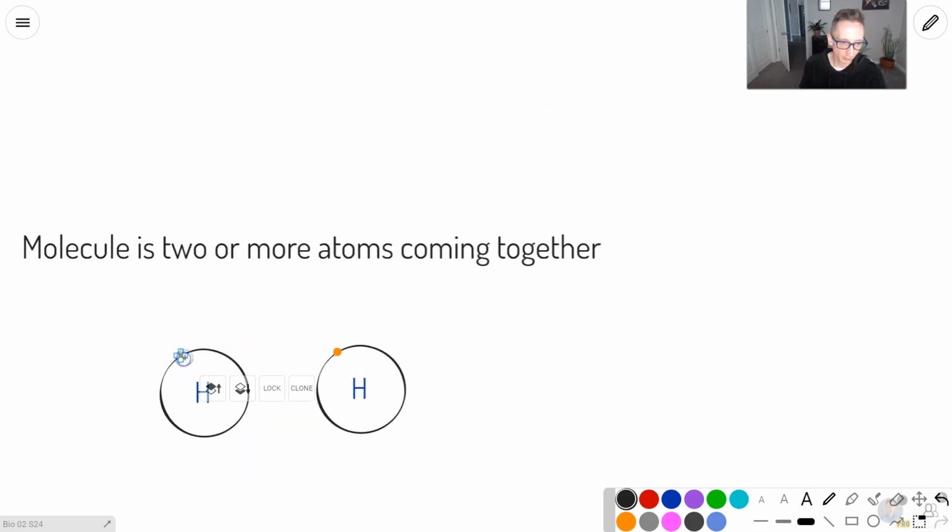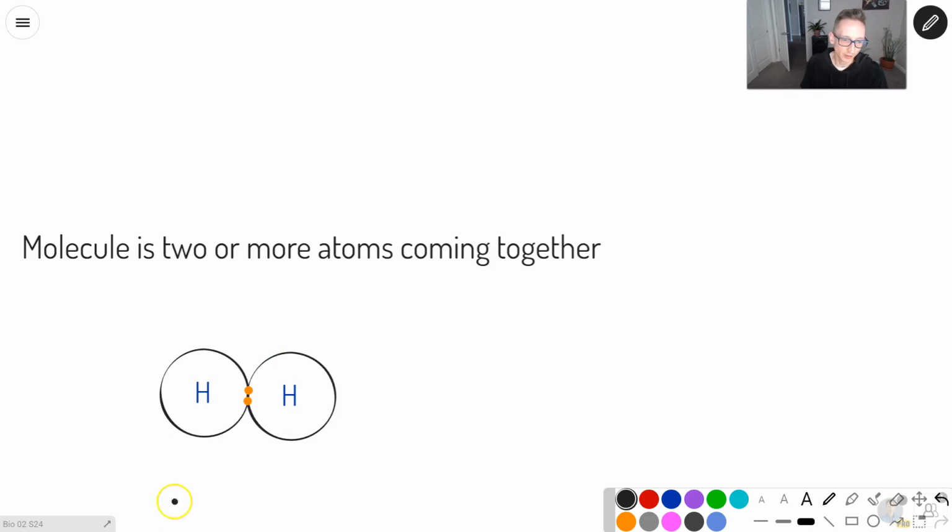I'm going to put these electrons on the same side, and then bring them together, like that. So now this would be H2, and really the 2 is drawn below. I'll draw it by hand, since I can't really do subscripts in this program. H2, and this is hydrogen gas.